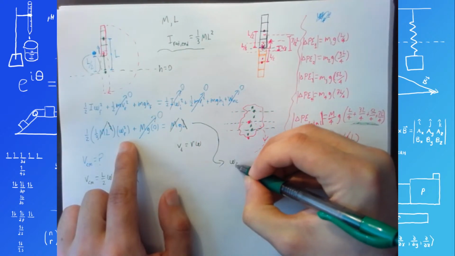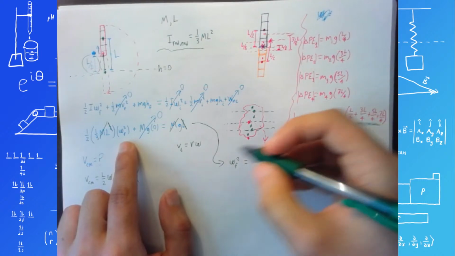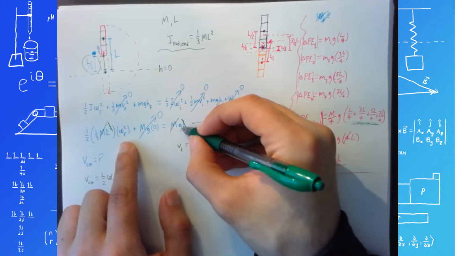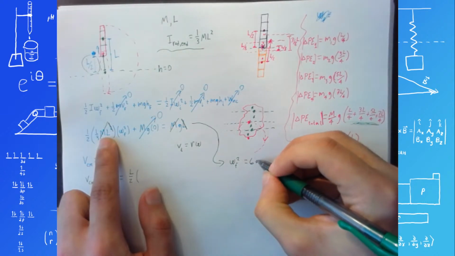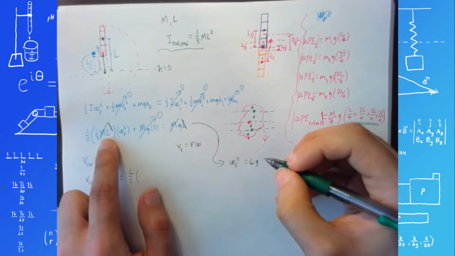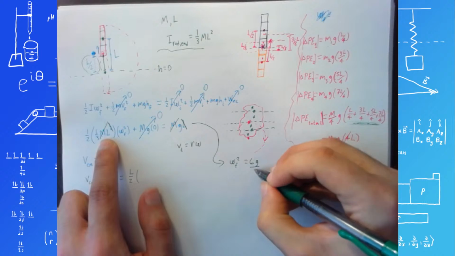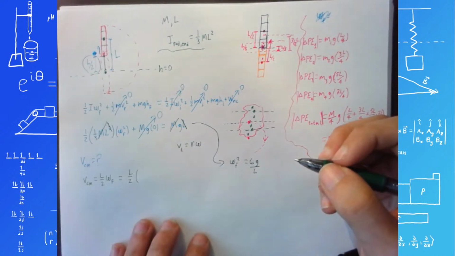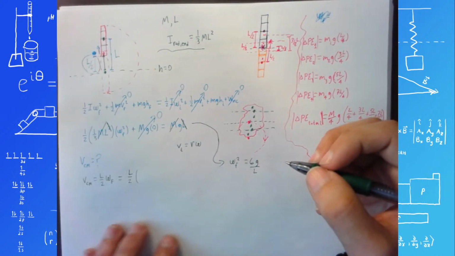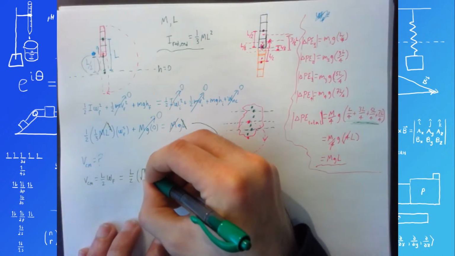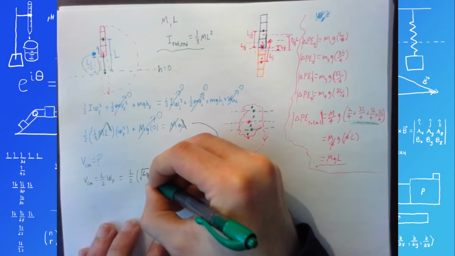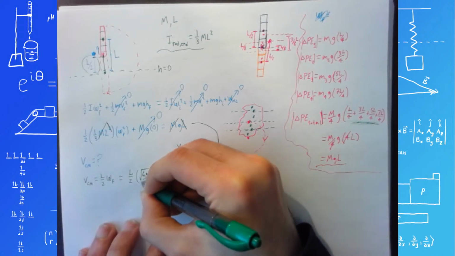Omega final squared equals, we had a G and we're multiplying by 6, so 6G, and we've got an L to divide by, so 6G over L. So omega final is going to be the square root of 6G over L.